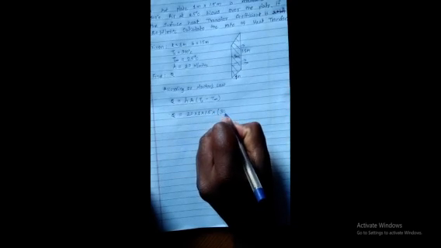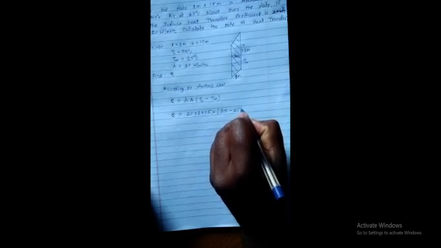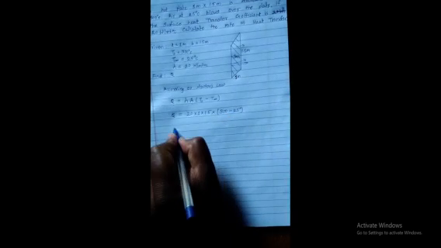Here Ts is 300 minus T infinity, T infinity is 25. We will get Q by simply using a calculator.